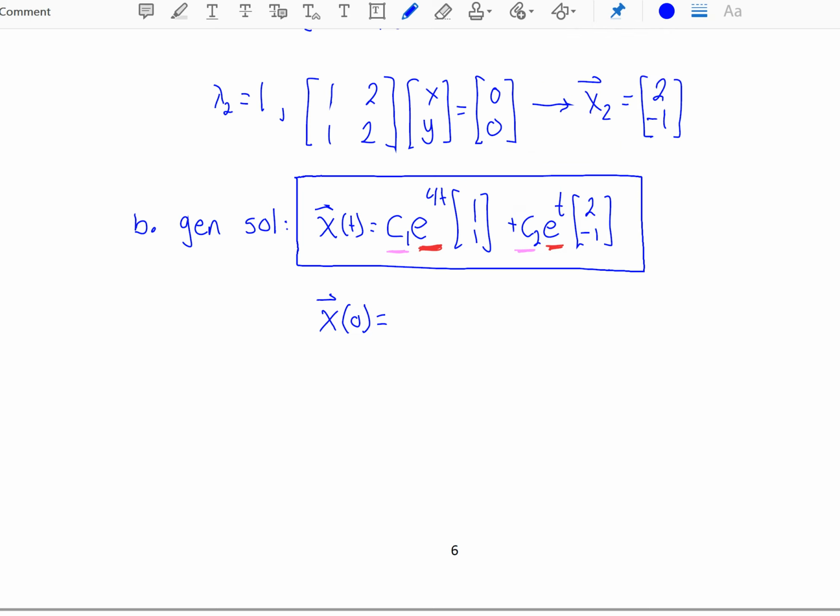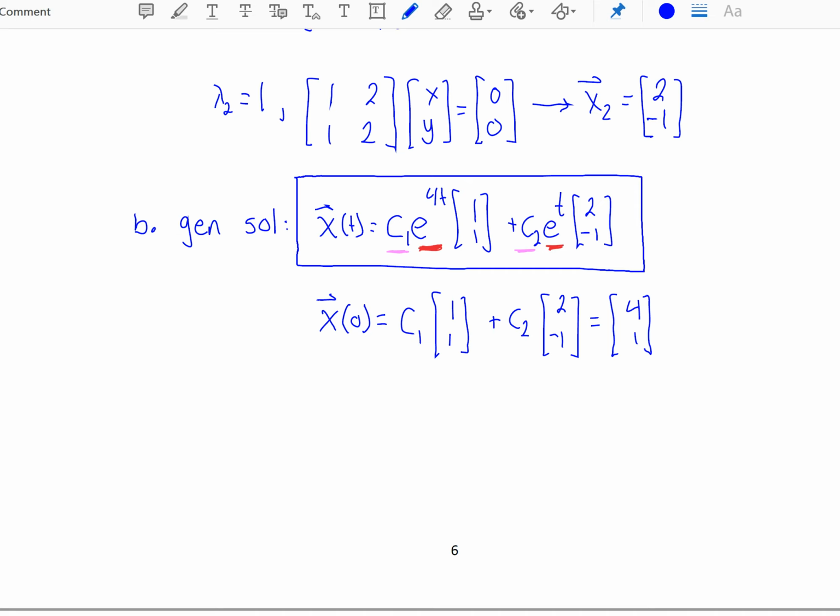So when you plug in 0, we'll get c1 times our first column vector plus c2 times our second column vector. And from our initial conditions, we know this has to equal 4, 1. And we want to find solutions for this equation.